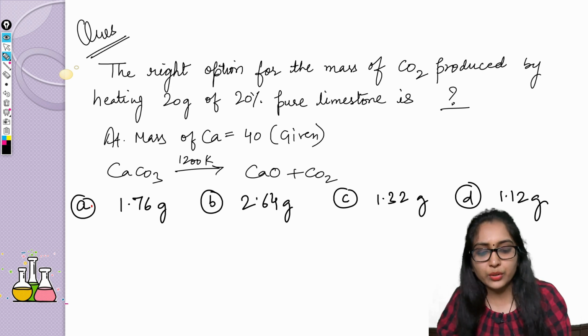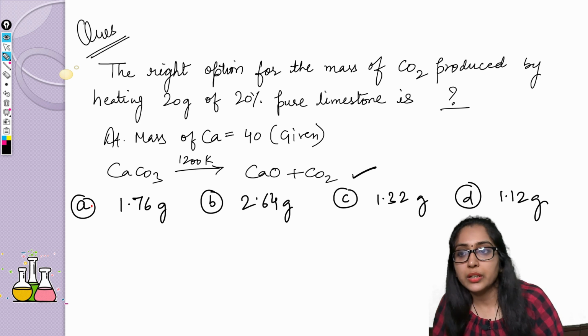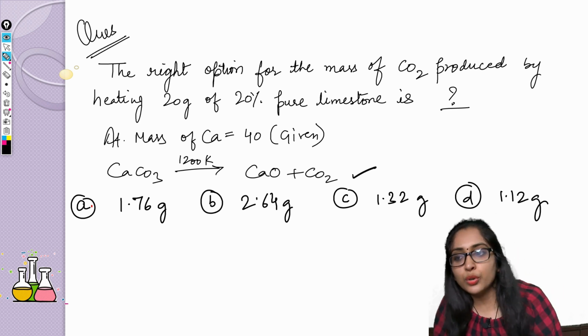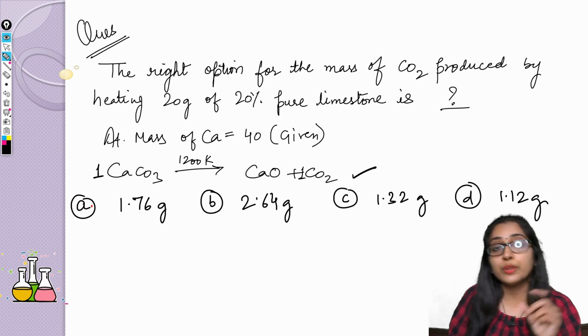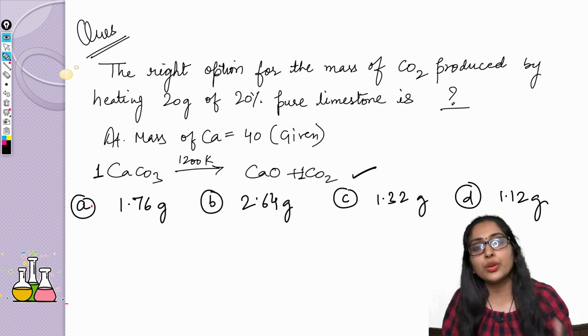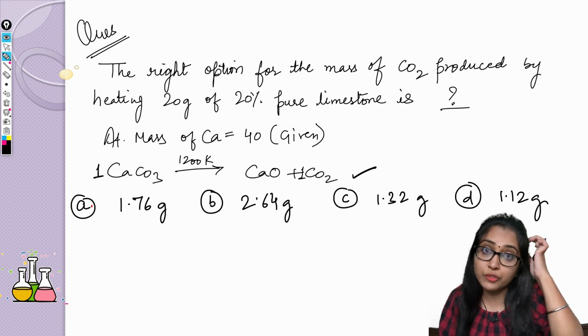First of all, the equation is already given. It has been asked about the mass of CO2 produced. Can you correlate, again stoichiometry comes, that 1 mole of CaCO3 produces 1 mole of CO2? If you can calculate how many moles are being produced, you can calculate the mass very easily. So firstly we'll calculate number of moles.